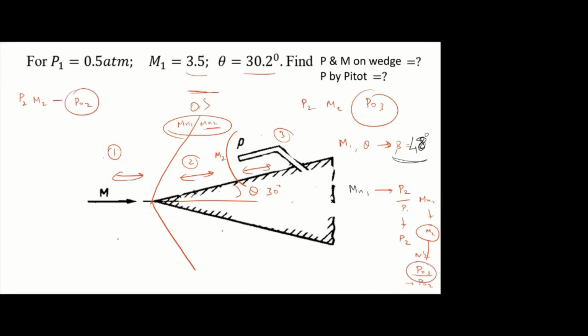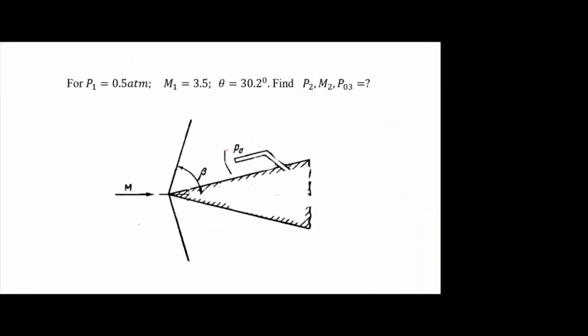Okay, good. Is that clear? I'll explain once again. M1 and P1 are given. You have to find P2, M2, and at station 3, P03. From M1 and theta, first you find beta, then Mn1. Once you know Mn1, you can find P2 by P1 and Mn2. From Mn2, you can find M2.